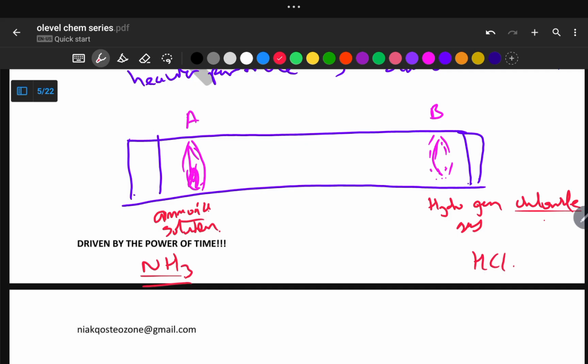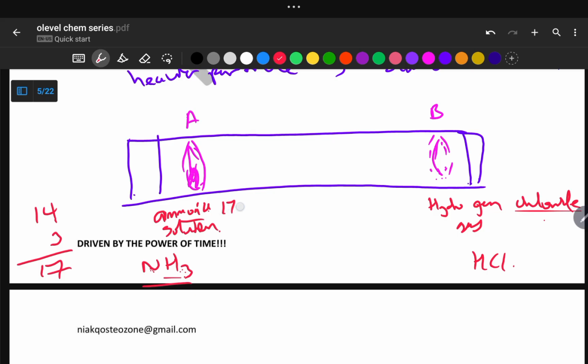For us to have the molecular mass of ammonia, we have 1 nitrogen and 3 hydrogen. The mass of nitrogen on the periodic table is 14, nitrogen being number 7, and then we have 3 hydrogens, so we are going to have 17.